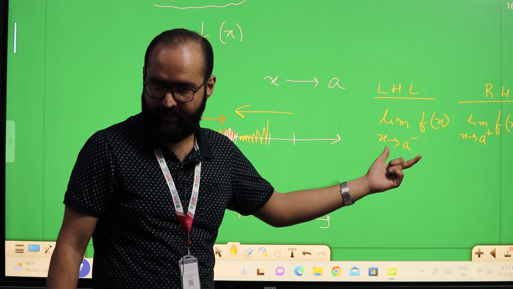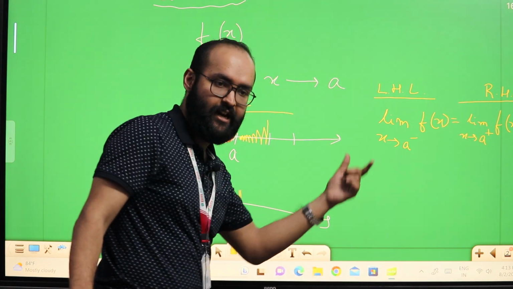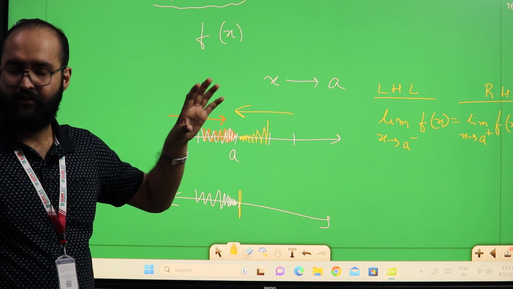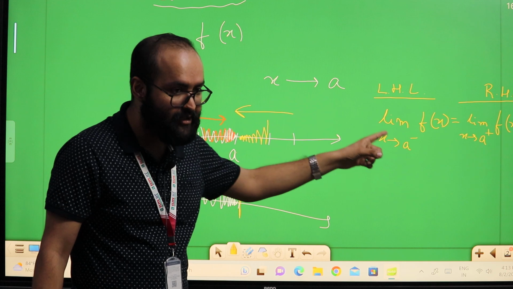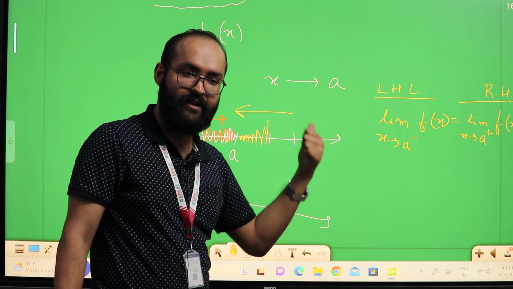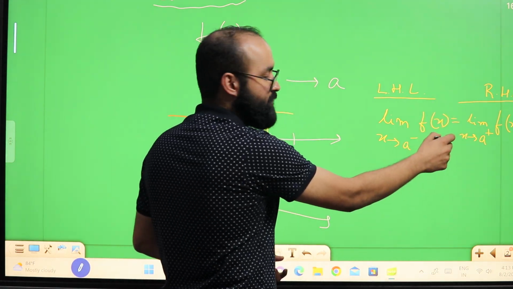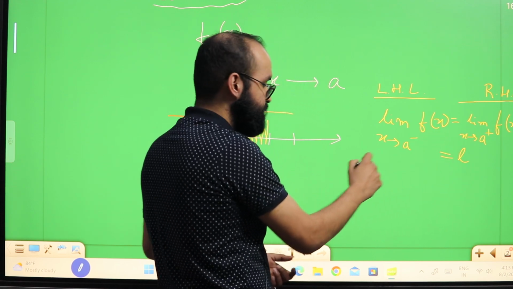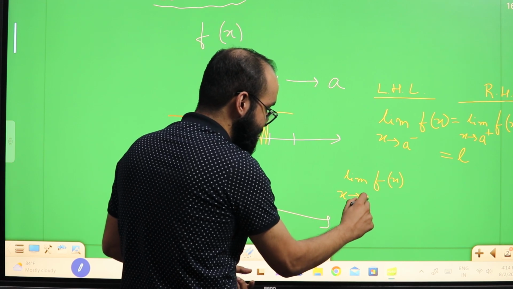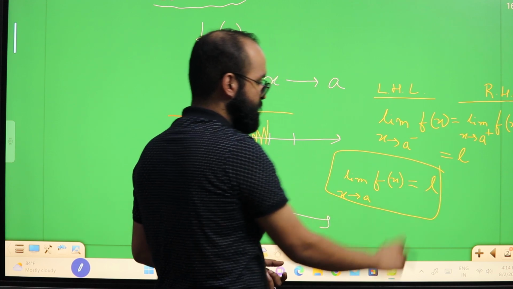If both of them exist and are equal, then we say that the limit of the function f exists at x equal to a, and that limit value will be equal to each of these values. Say each of them is equal to the value L. Then we say that the limit of f(x) exists at x equal to a and the value is L. Okay?